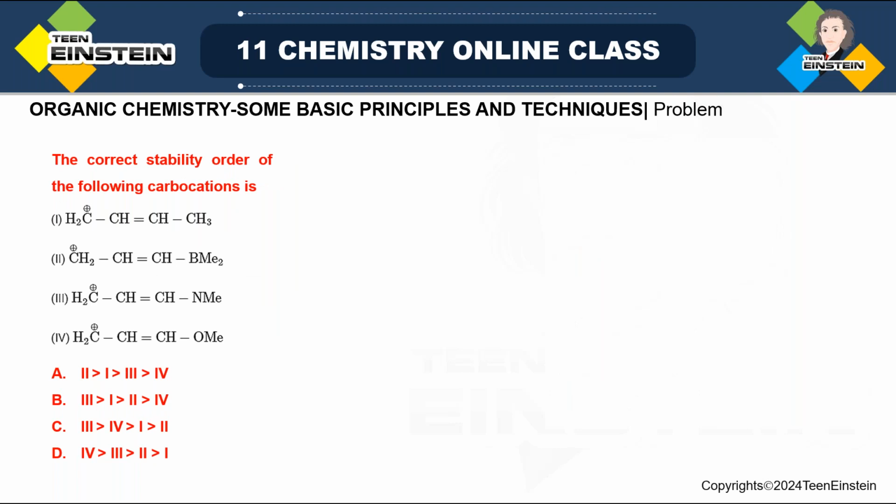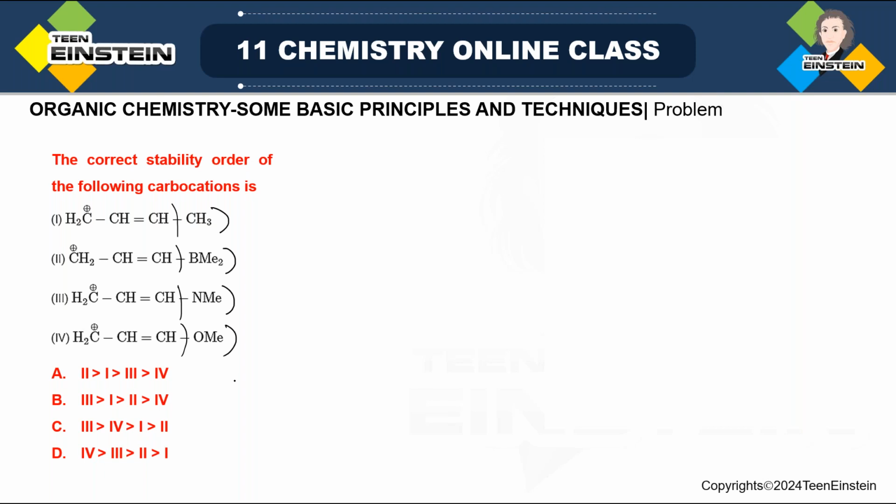Correct stability order of the following carbocations. Here CH2, so up to this point you will see all the 4 are similar. Everything is CH2, then C=C double bond. The only difference is here you have methyl, here you have BMe2, then NMe2 and OMe. Remember what we have learned about how to decide the stability order of carbocation.